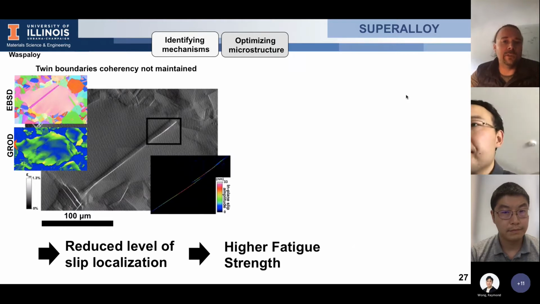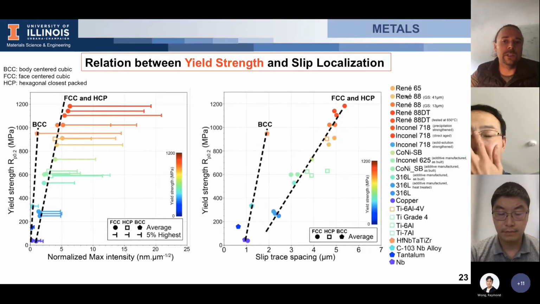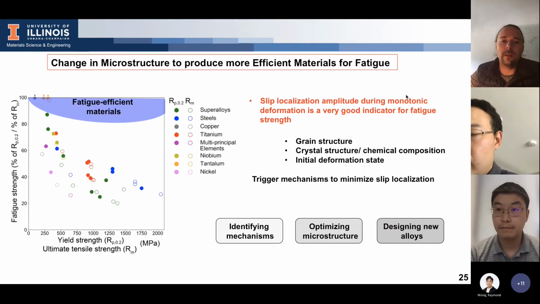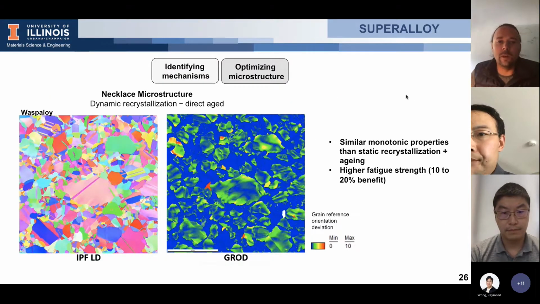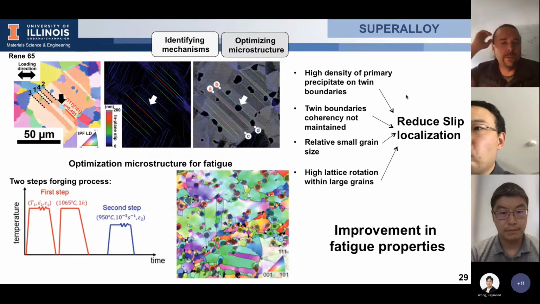All the other materials are being investigated. All of these here are fully recrystallized with a very nice microstructure. This one was the first one where we investigated a more advanced microstructure, and we also did this on this Rone 65, where you can see you also have a lot of lattice rotation and so on.